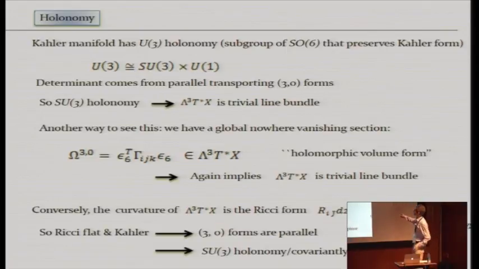So if you take wedge 3 of the cotangent of X, forms that locally look like dz1 wedge dz2 wedge dz3, they transform precisely as the determinant, so they transform precisely under the U1 part of this holonomy. So the U1 part of this holonomy is generated by parallel transporting (3,0) forms around the loop. (3,0) forms come back up to a phase, in fact a complex phase, and that phase is this phase.